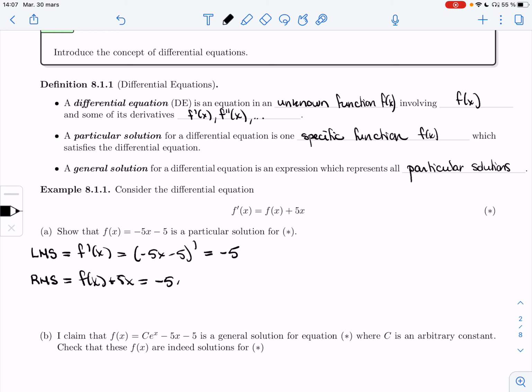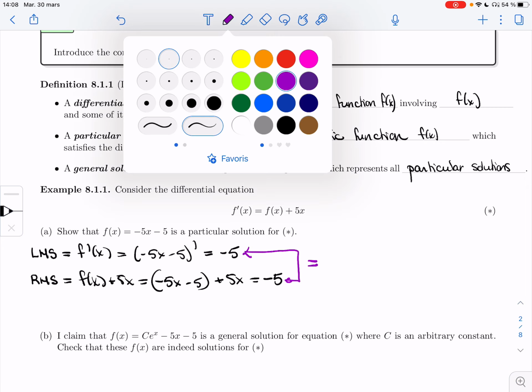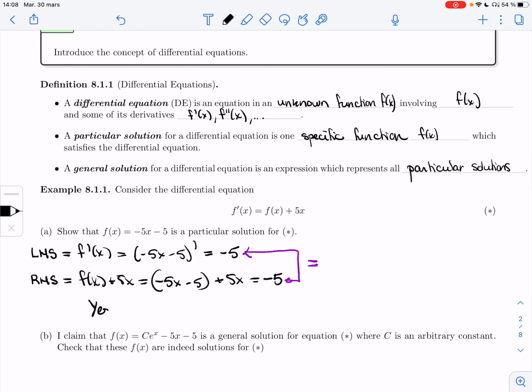So minus 5x minus 5, that's my f, and I add 5x, the minus 5x cancel, and I get minus 5. These are equal, and so yes, f of x satisfies the DE. So it is a particular solution.